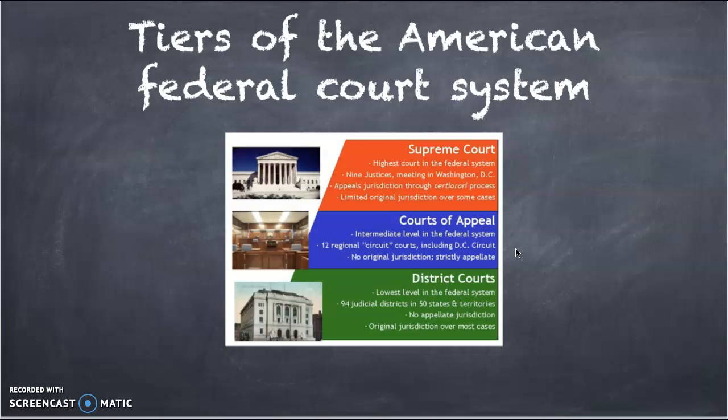Now, as you will learn in the video, there are 12 regional circuit courts, including the DC Circuit. All right, so what does that mean? Well, based on the map that was shown in the previous video that I posted in the announcement, you should be able to see how states are located in specific circuits.